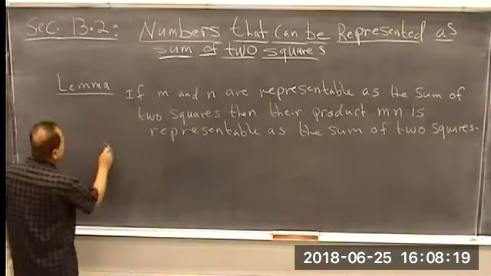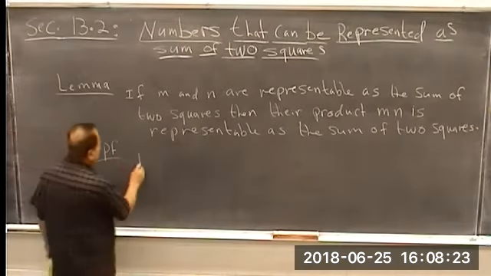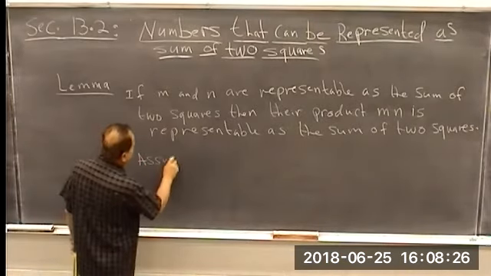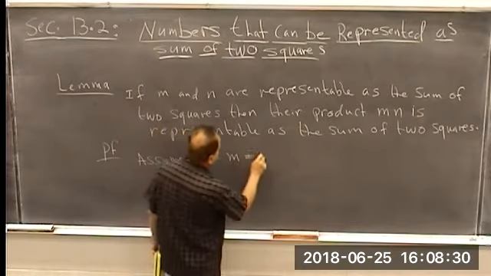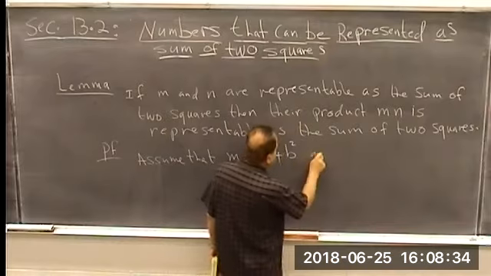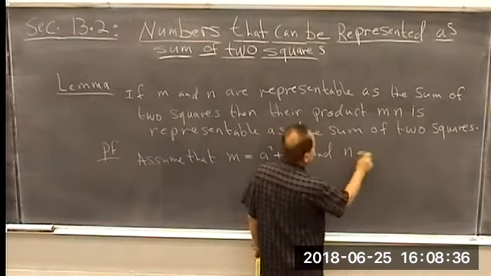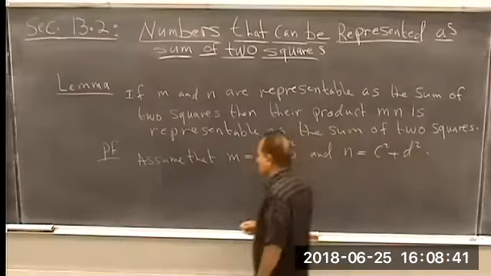So here's the proof. Assume that M is the sum of A squared plus B squared, and N is C squared plus D squared.